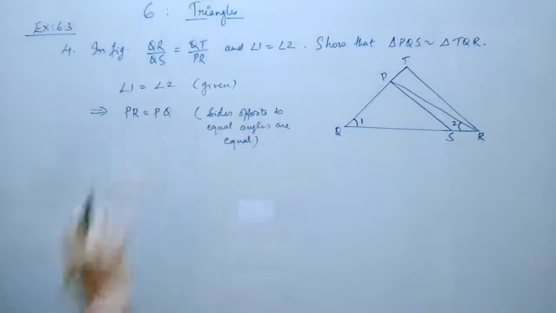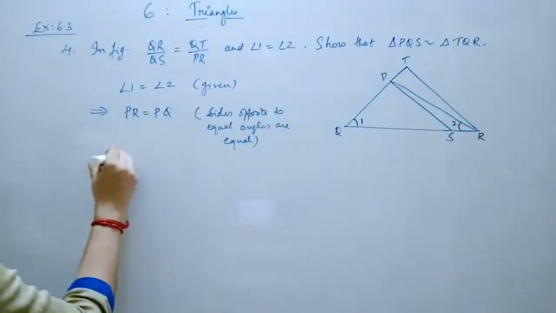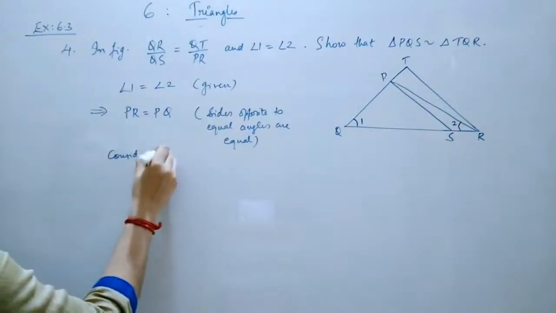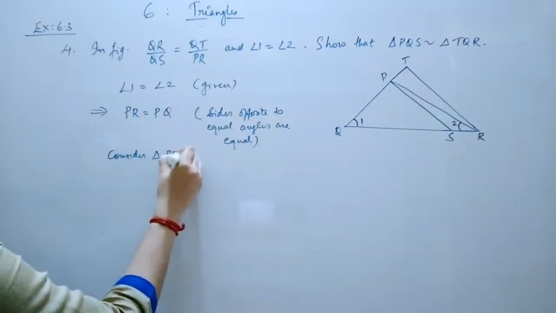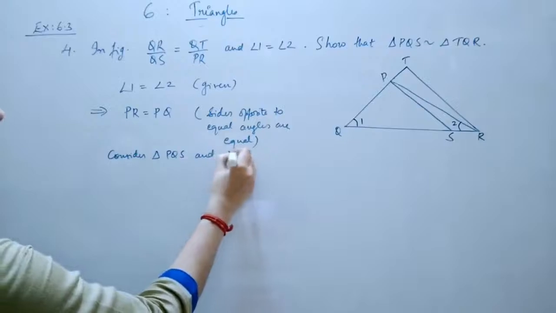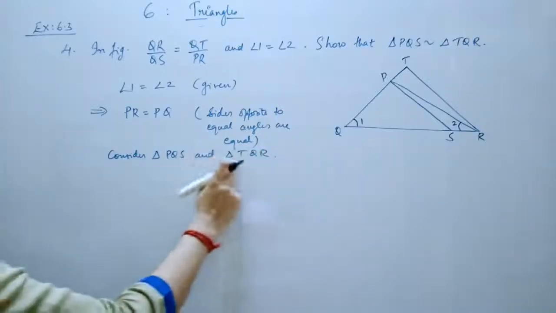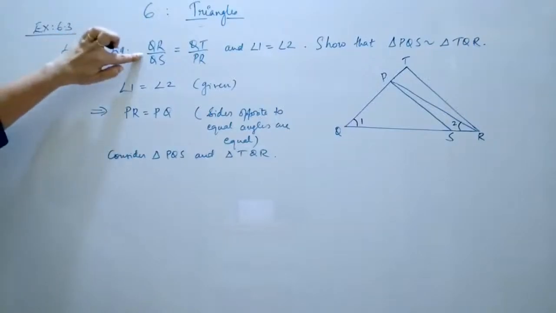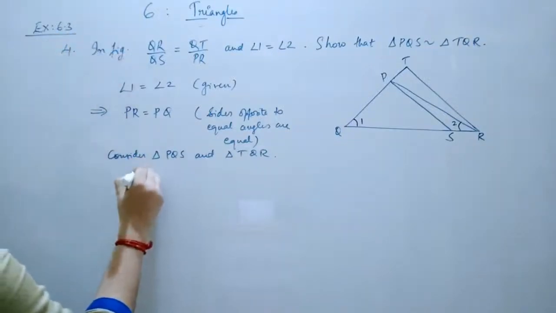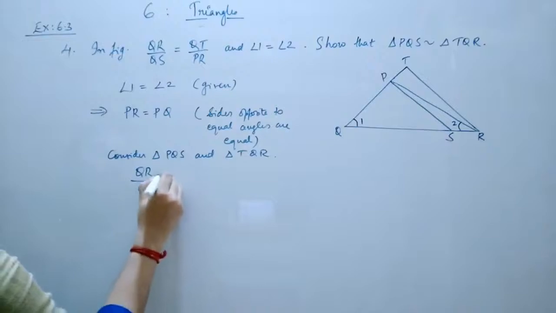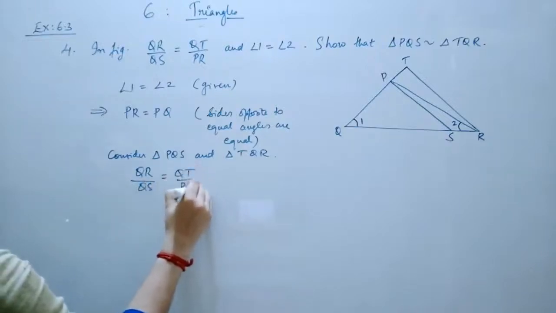Now we will consider the two triangles which we need to prove that they are similar. So consider triangle PQS and triangle TQR. Okay, in these two triangles now we will use what is given, QR by QS is equal to QT by PR.